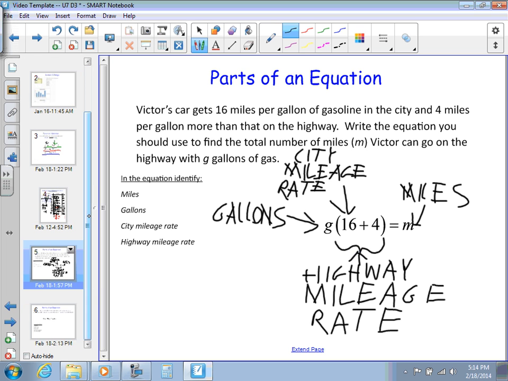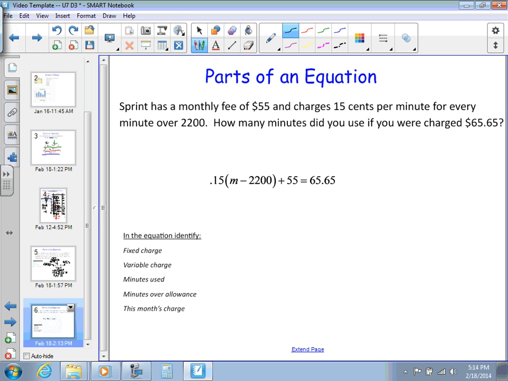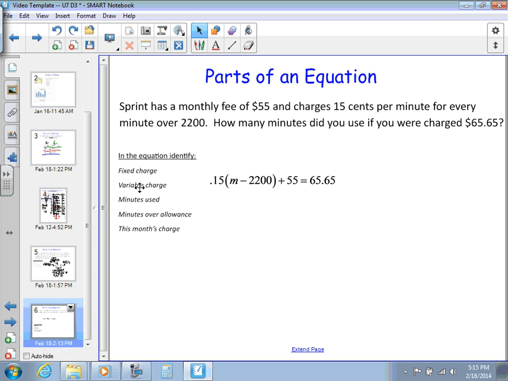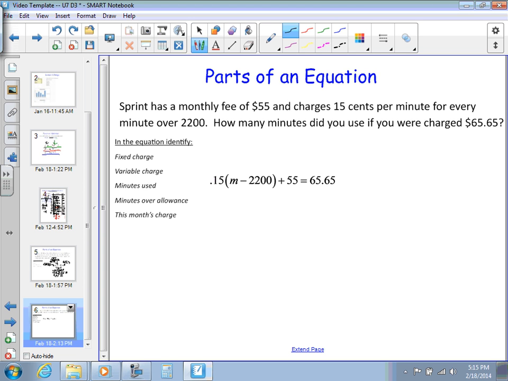Now let's try an equation that's just a touch more complicated. Sprint has a monthly fee of $55 and charges 15 cents per minute for every minute over 2,200. How many minutes did you use if you were charged $65.65? And in the equation, I'm identifying the fixed charge, the variable charge, the minutes used, the minutes over the allowance, and this month's charge.